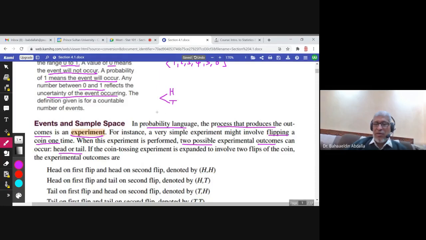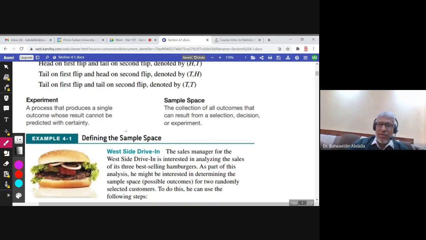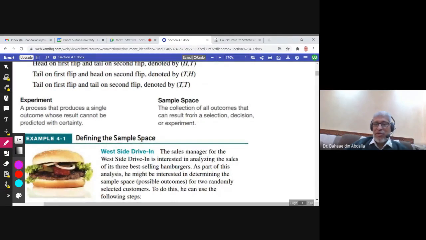So you can write the sample space in this case. And by the way, the sample space is the set of all possible outcomes, the collection of all outcomes that result from the experiment.